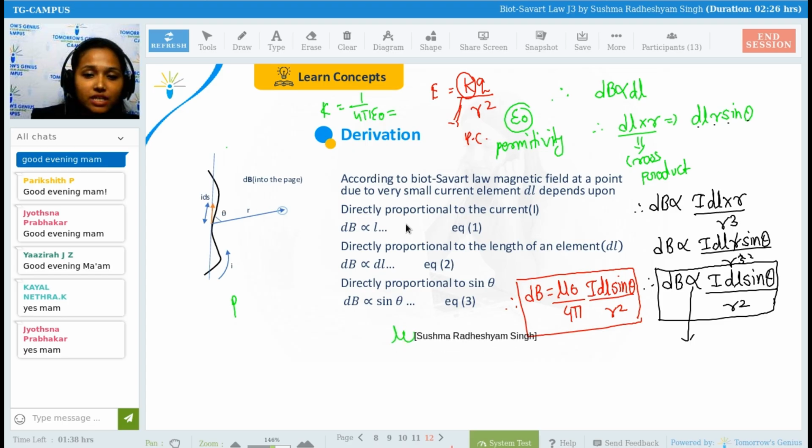Like that, mu naught is called the permeability of a medium or free space. So for electric field purpose, we use epsilon naught, and for magnetic field purpose, we use mu naught. It's okay, Ravi Kumar, no problem.